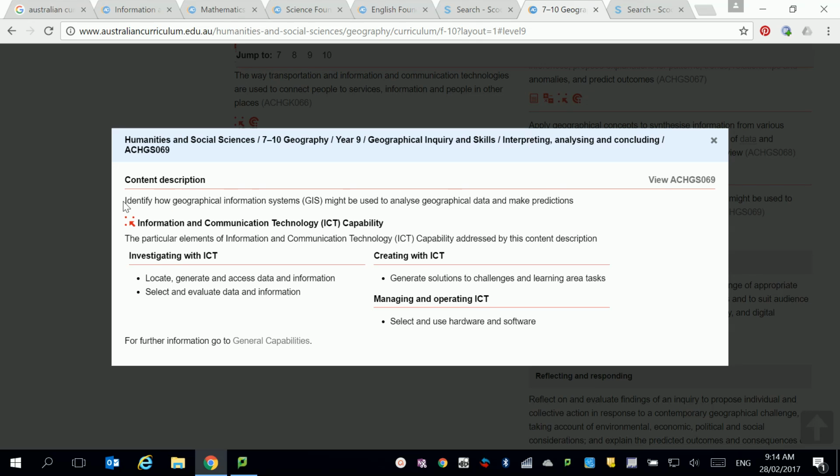And here you can see that this is all about using a geographical information system. So there might be some background work in terms of getting that GIS system operating.